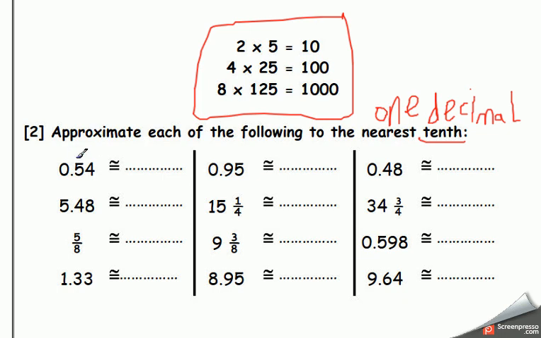Let's go. Now I want to approximate to the nearest tenth, so I will do the same steps as the previous lesson. I should mention the tenth digit. 0 here is the unit digit, and 5 here is the tenth digit, and 4 is the hundredth digit. Now I want to approximate to the nearest tenth, so I should determine the tenth digit.